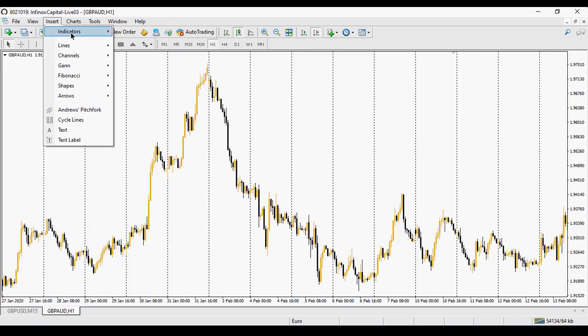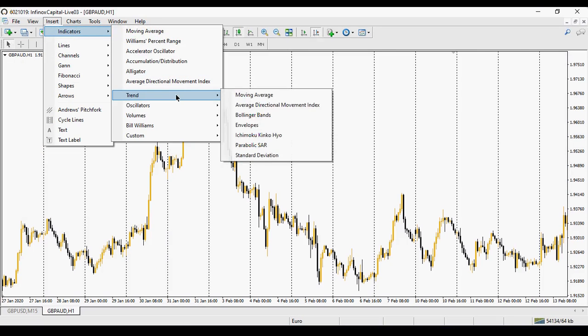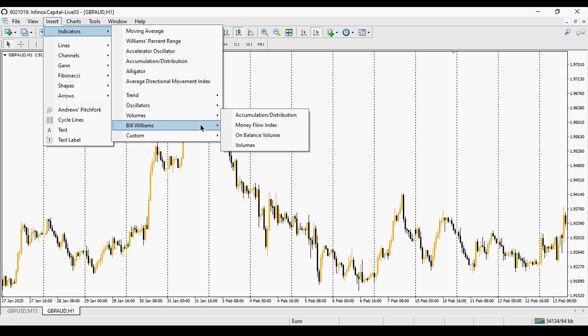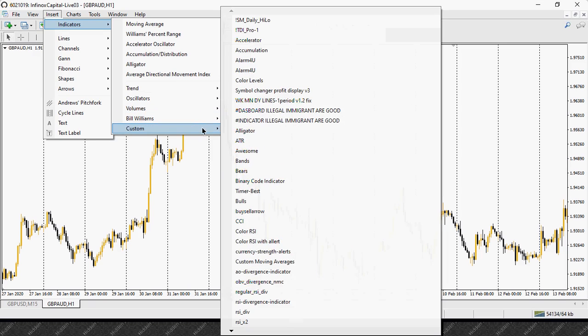If you go to your indicators, and under the oscillators, you see all the ones I was talking about. This is the MACD, this is the RSI, this is the stochastic oscillator. Parabolic SAR is not here. I think it should be under custom. Let's check it.